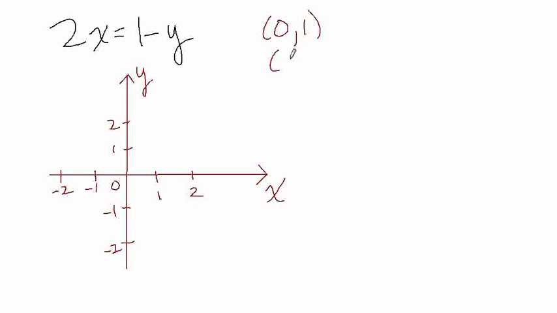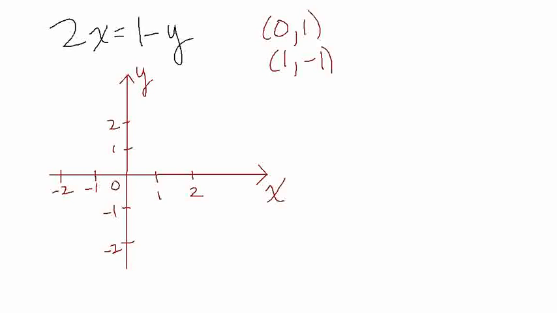And what else? How about 1, -1? Let's plug in: replace x with 1, I get 2 on the left side. Replace y with -1, I get 2 on the right side. All right, there we go.